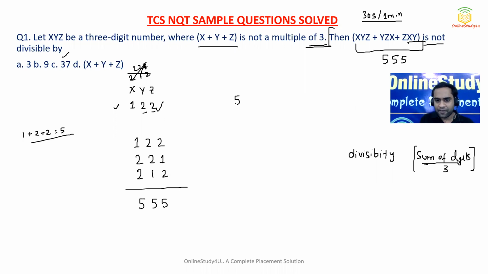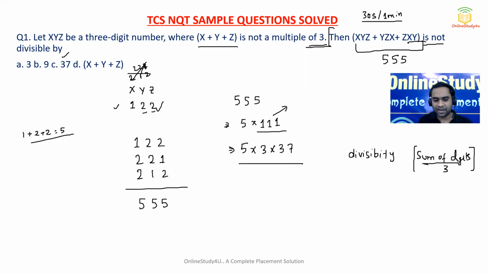Now 555, I can also write as 5 into 111, 5 into triple 1, right? Now see this triple 1, if you take their sum, then 1 plus 1 plus 1 is 3. That means this number is divisible by 3. I can also write this as 3 into 37, because 111 is divisible by 3, and definitely 37 times.